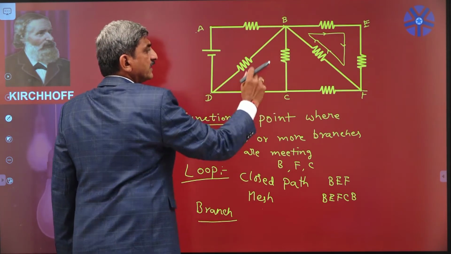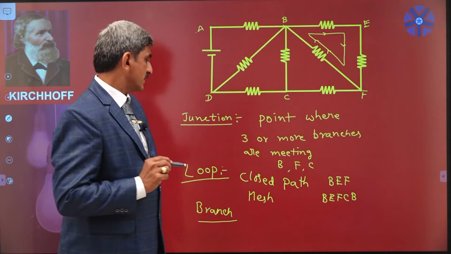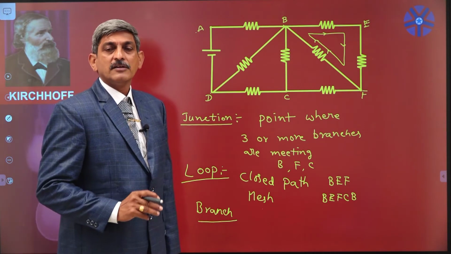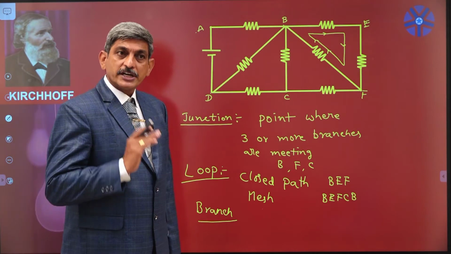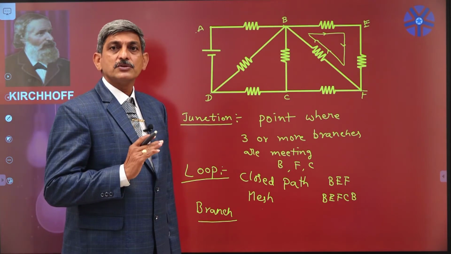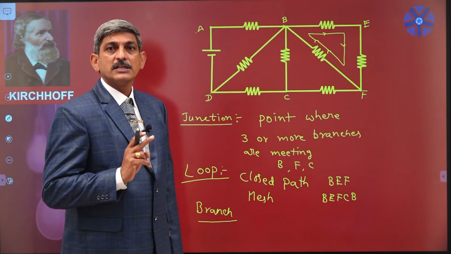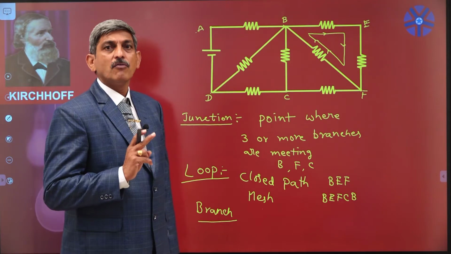Between B and C, that part of the network is generally called a branch. Generally, whenever we are studying the currents passing through the various elements, we assume only one current in one branch.